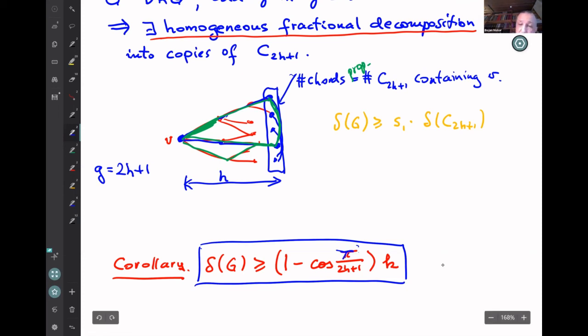So it's just the smallest value of that, and that's roughly 1 over 2h. So it's roughly pi over 2h plus 1 times k. A very explicit and very direct bound.